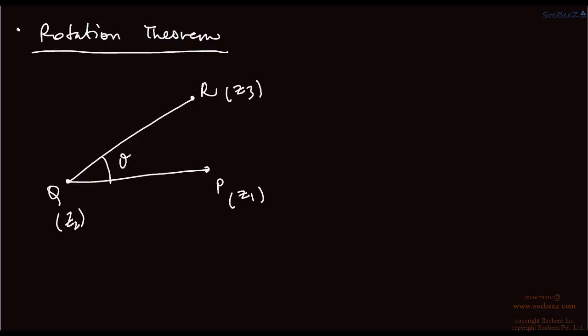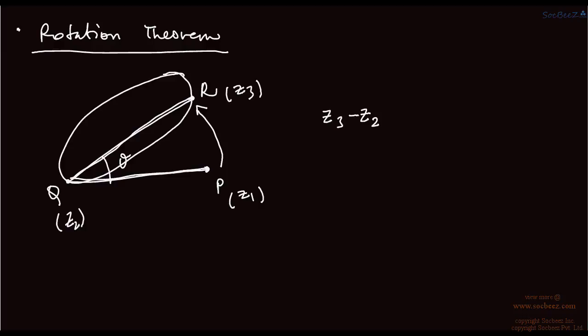Then you can always rotate this PQ line over this QR line, using this formula. Z3 minus Z2, first of all this line, upon Z2 minus Z1, this line.